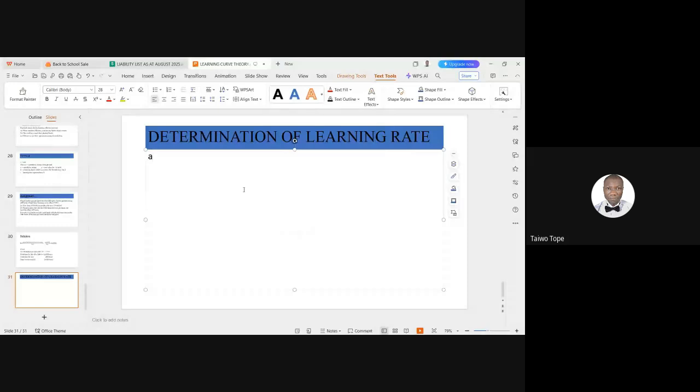That is AR to the power of N equal to the cumulative average time per unit.